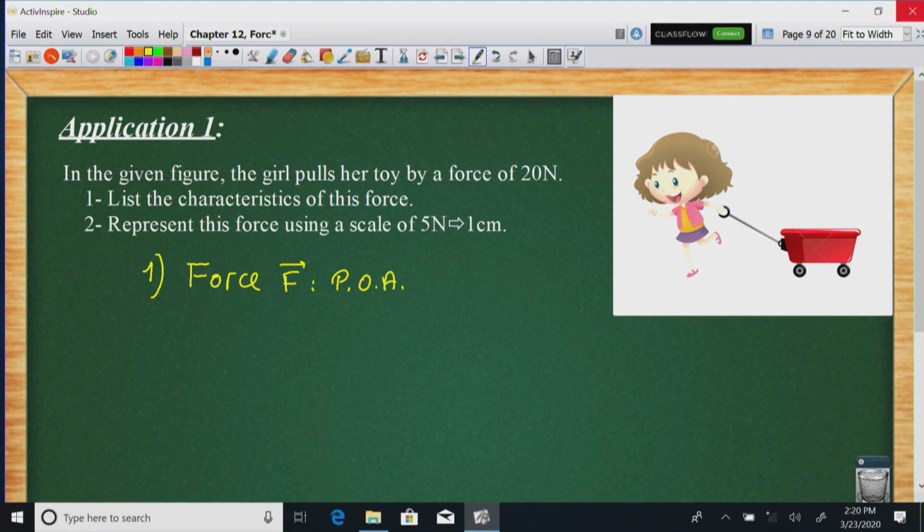Second is the line of action. Third, we have the direction. Fourth, we have the magnitude.